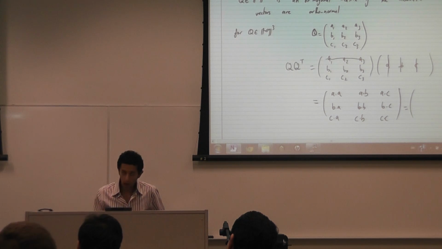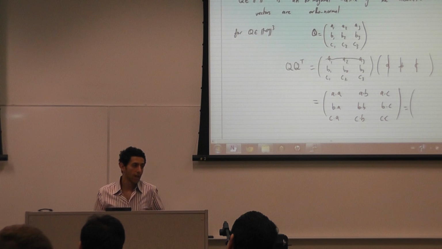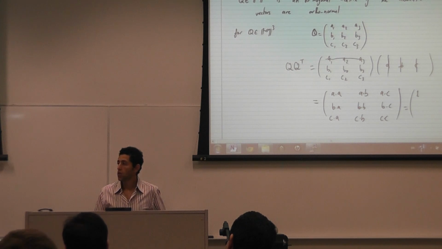It means A dot A is equal to the size of A, which is equal to 1. A is perpendicular to B, so A dot B is 0. A dot C is 0, and so on. So you get the identity matrix.